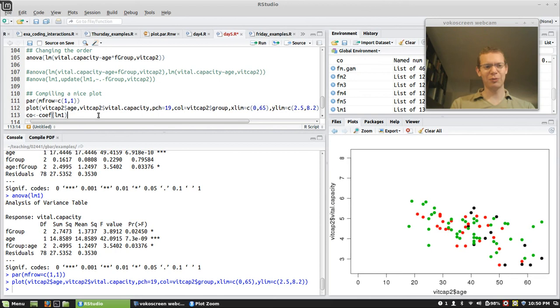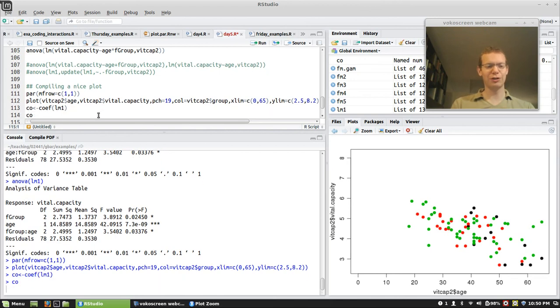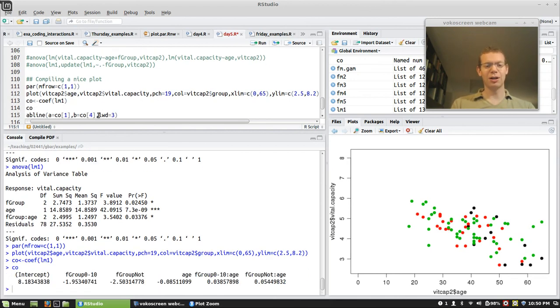And if we do it the same way as before, looking at the coefficients, let's see them. Now to do ab lines the way we did it before, well, the first one is easy because that's just using the first as intercept and the fourth as slope.